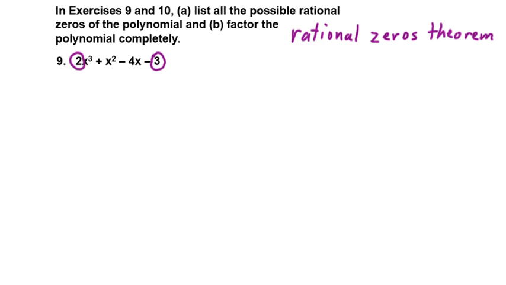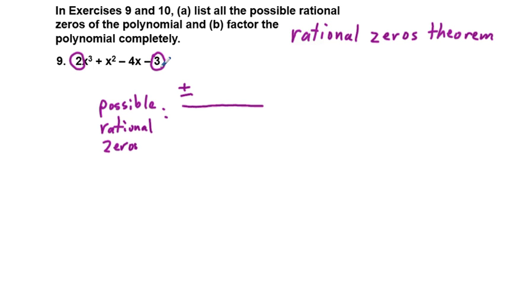So what we're going to get is our possible rational zeros. Okay, what you do is you take plus or minus, and you take all the factors of the last term.